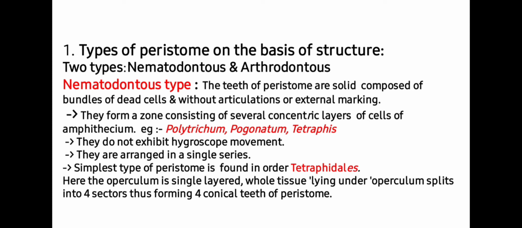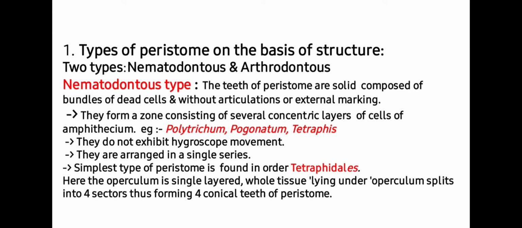So they can be easily identified without any external marking. They form a zone consisting of several concentric layers of cells of epithelium. Epithelium is the middle layer during cell division and development of sporogonium. And the examples are Polytrichum, Buxbaumia and Tetraphis. They do not exhibit hygroscopic movement.